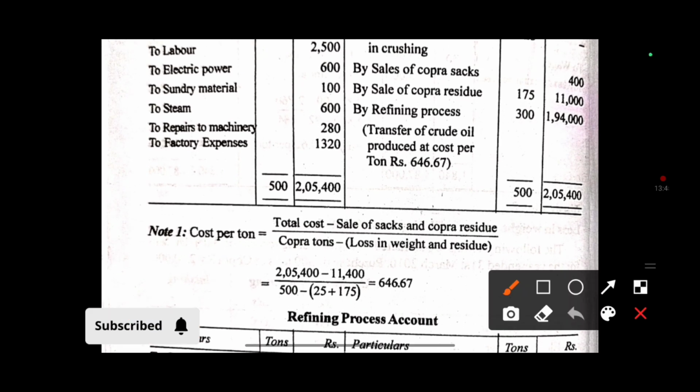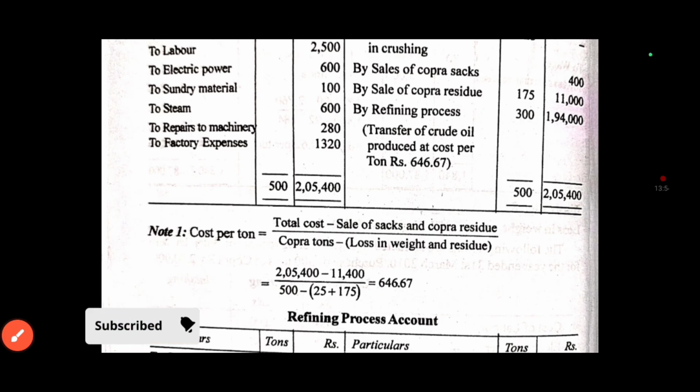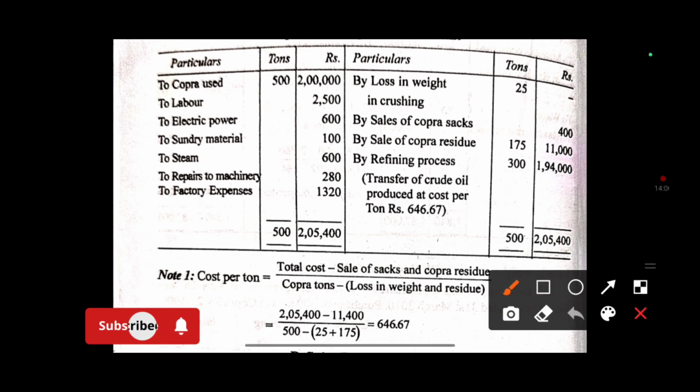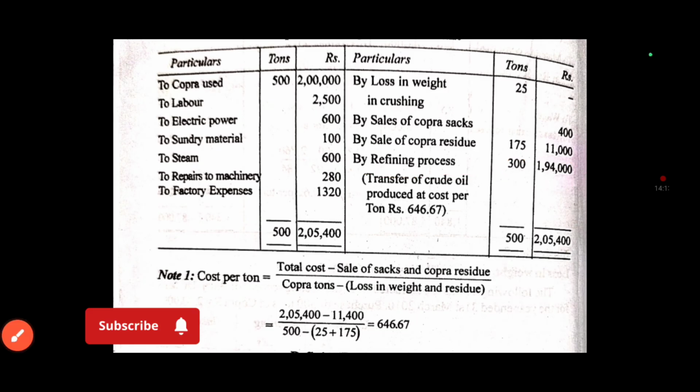Now we subtract the 200 tons from the 500 total tons, and you get 300 tons. So now we have found the output tons and output value: 300 tons and 1,94,000 rupees. The same value you write by refining process account. It will be transferred to the next account, that means the finished process.